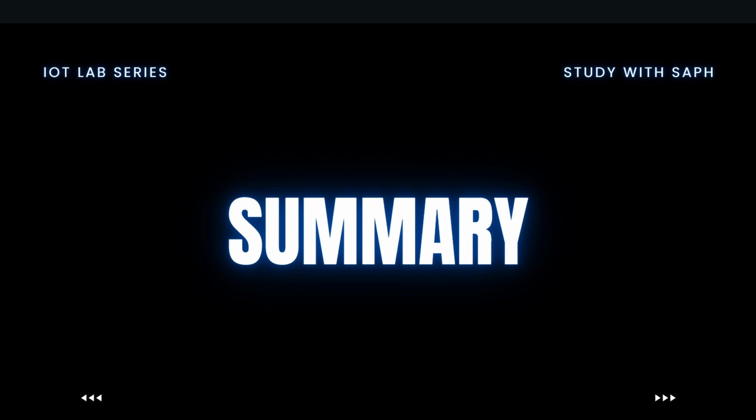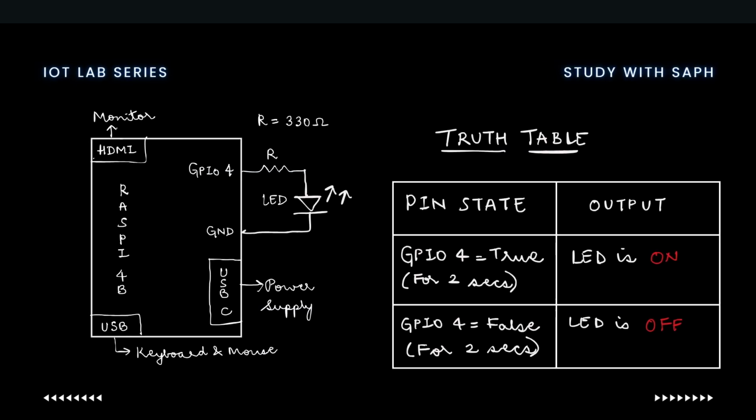In order to summarize, on the left is the circuit diagram for blinking an LED, and the result is given in the form of the truth table. Whenever GPIO pin 4 is set to true, the corresponding LED is turned on, and since we've given a delay of 2 seconds, it remains on for the next 2 seconds, after which GPIO pin 4 turns false, the LED turns off and it remains off for the next 2 seconds.